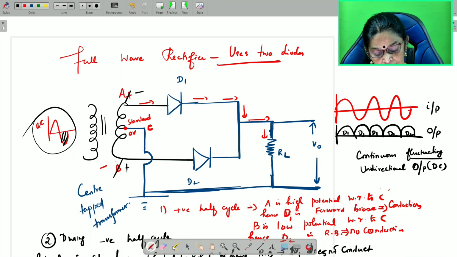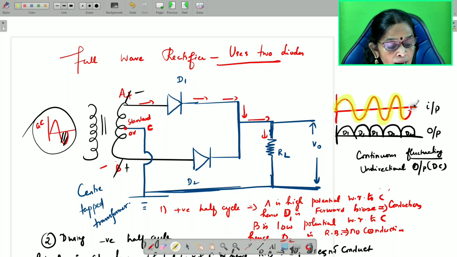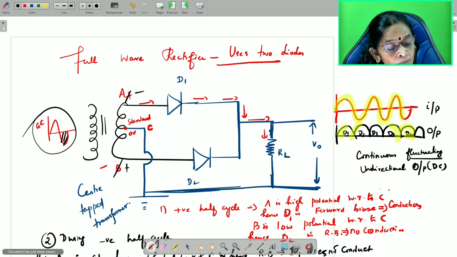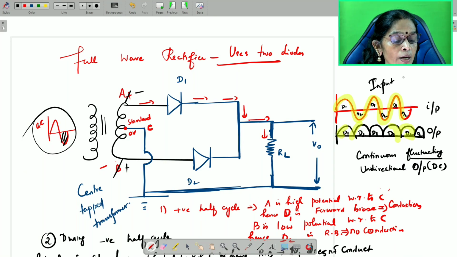And look at the frequency count now. So this is 1, 2, 3, in the input, and in the output 1, 2, 3, 4, 5, one more, this is 6. So this is D1, this is D2, this is D1, this is D2, this is D1, this is D2. So therefore, input frequency is equal to 3 over here, whereas when you take output frequency, how much you get? 6 over here.